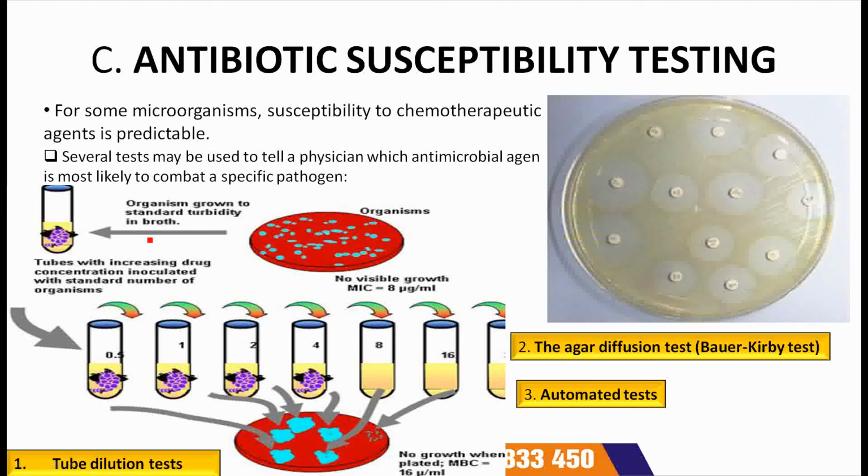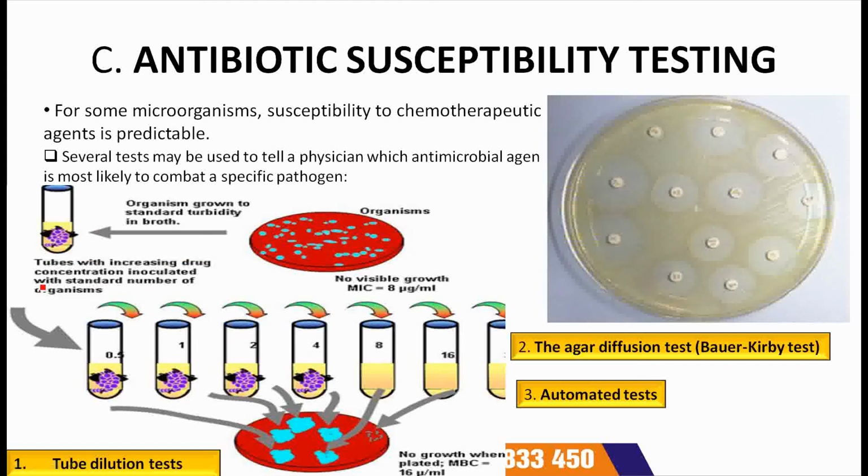After growth, you can see it looks something like this. Tubes with increasing drug concentration are inoculated with a standard number of organisms. You can see these tubes in a line, and these are inoculated with a standard number of organisms.